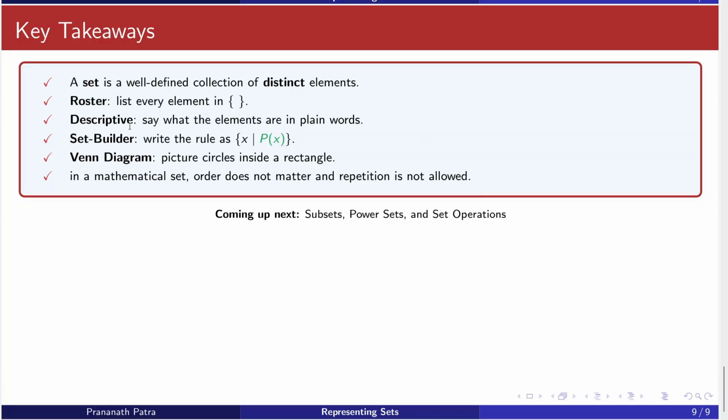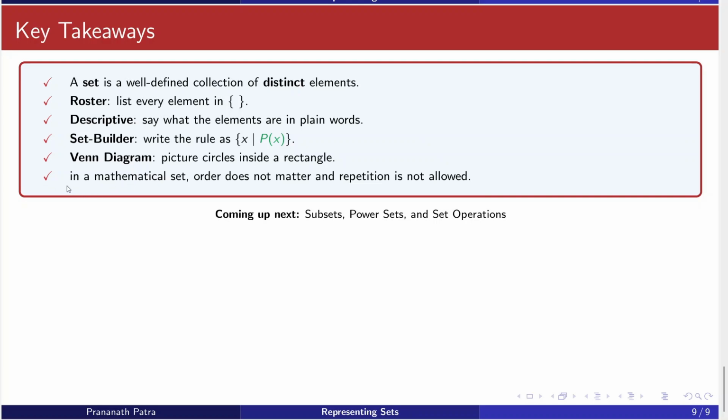We explored the descriptive method, which allows us to simply say what the elements are using plain everyday words. We mastered set builder notation, giving us a formal mathematical way to write the rule for belonging to a set. And we just finished the Venn diagram, which provides a wonderful, easy-to-read visual picture using circles inside a rectangle.